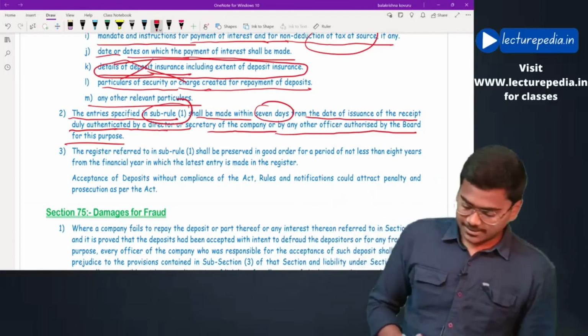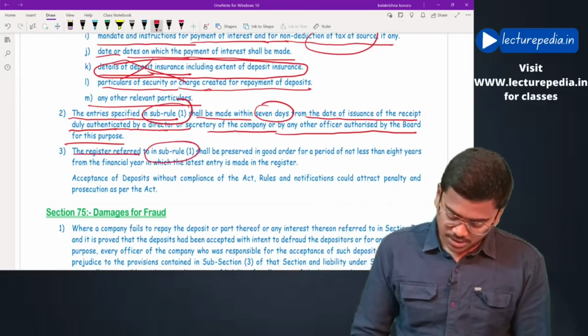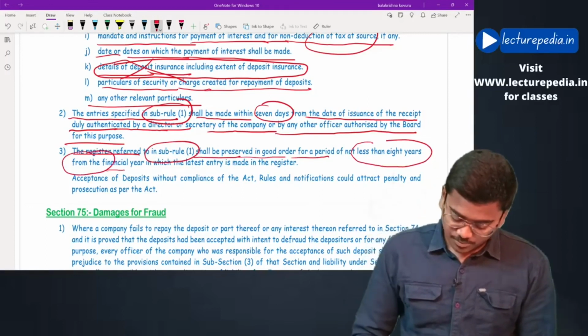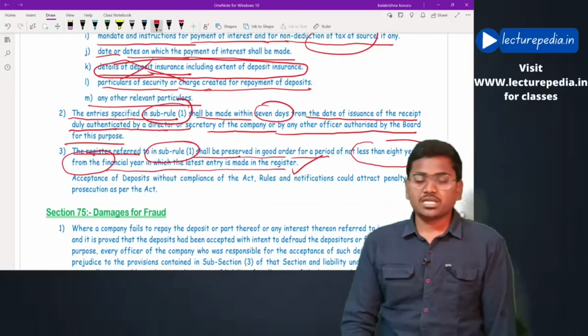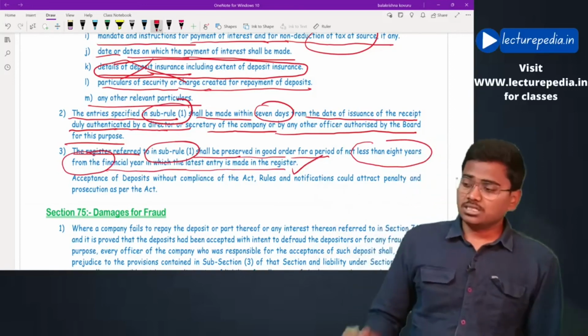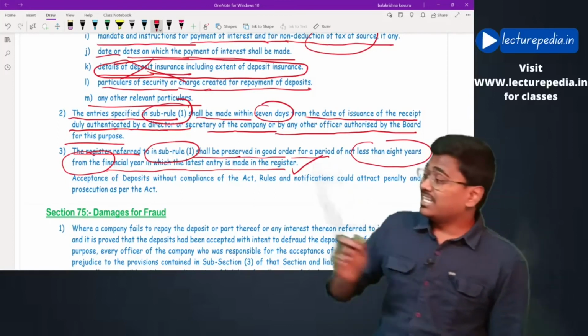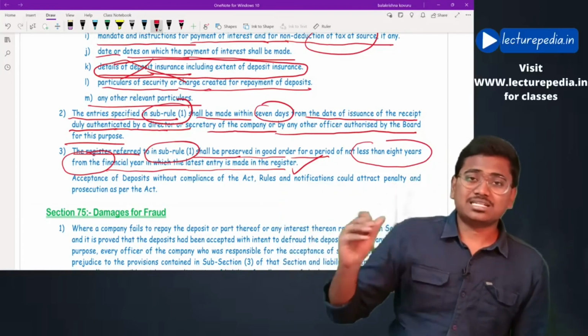Hope this is clear. Next, the register referred in sub-rule 1 shall be preserved in good order for a period of not less than 8 years from the financial year in which latest entry is made in the register. From the last date on which the entry is made on the register, till 8 years you have to keep this register safely.